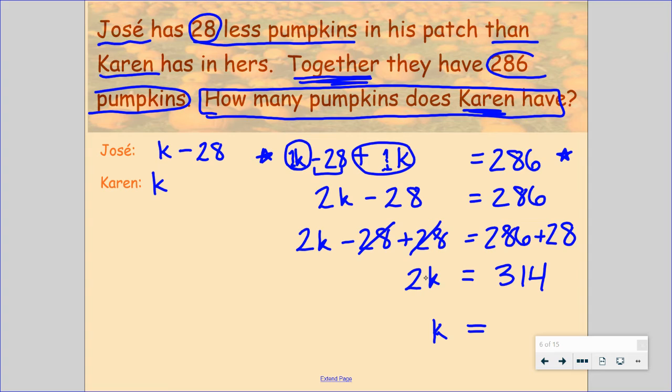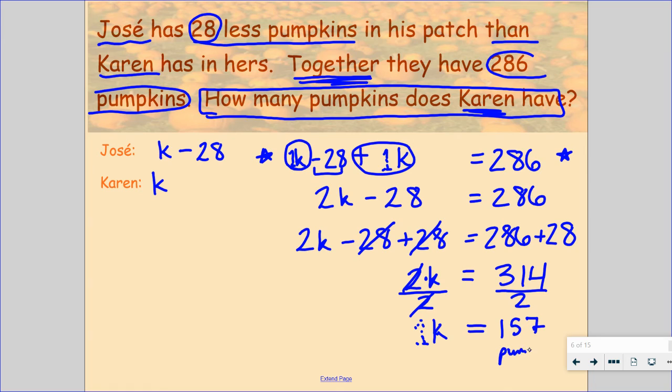But of course, we don't want to know what twice Karen's pumpkins are, so we can divide into 2 parts. 2 k's split into 2 parts is 1k. No, you don't have to write the 1. 314 split into two parts is 157. And so we have simply answered the question, 157 pumpkins.